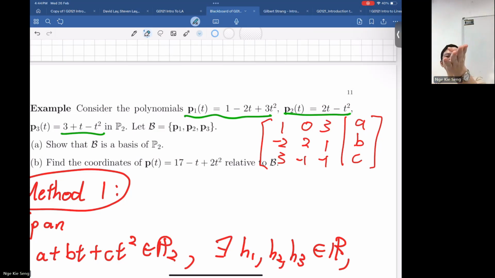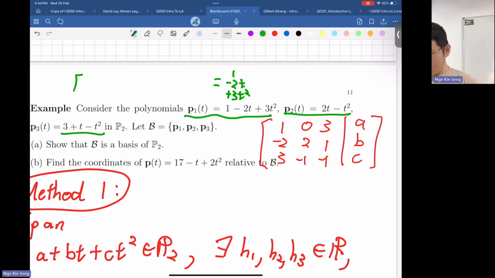What do you mean by make it vertical? You mean like this, vertical like this? Not too far away from the solution. Actually, what do you notice here? Just now you saw something like this, right?